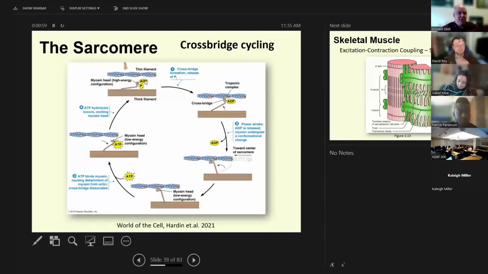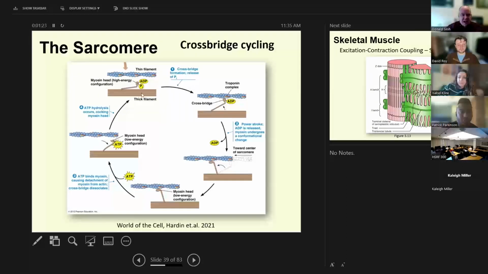So now it's got both ADP and phosphate on it. And when it does that, it absorbs the energy from that third phosphate of the ATP. And the myosin head is going to go from like a 90-degree angle up to a 45-degree angle or something like that. So that's going from the low energy myosin state to the high energy myosin state.